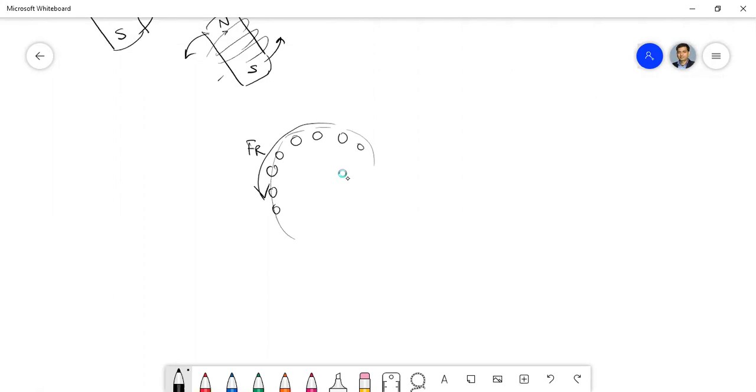If this magnetic field is rotating and if the rotor bars are static, then there will be a flux linkage in the rotor bar, which is both time varying and space varying in nature. Because FR, you know, is a time varying and space varying thing, as I have already discussed.